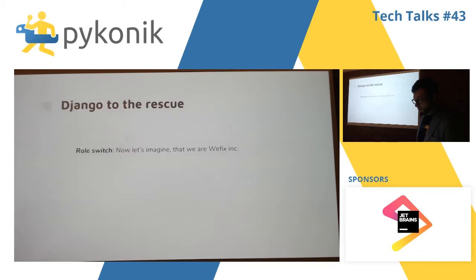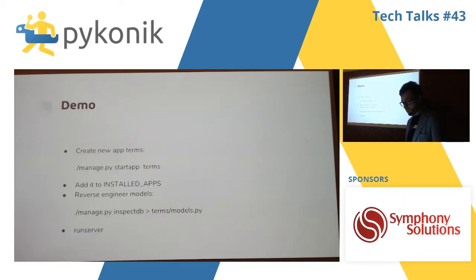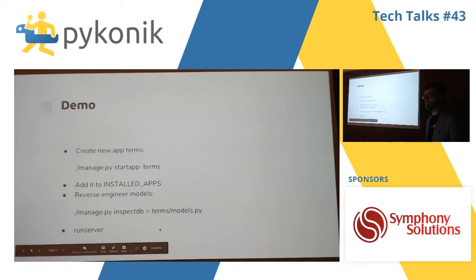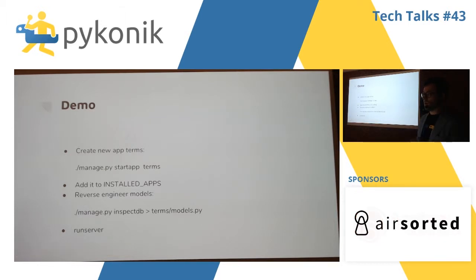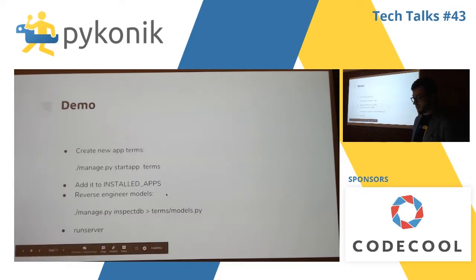All right. So again, role switch. Now let's imagine that we are Wifix Incorporation and we are using Django. So as Wifix we got access to this database, but remember we cannot modify the existing schema, so we cannot apply any migration to existing models, but maybe we can do something.